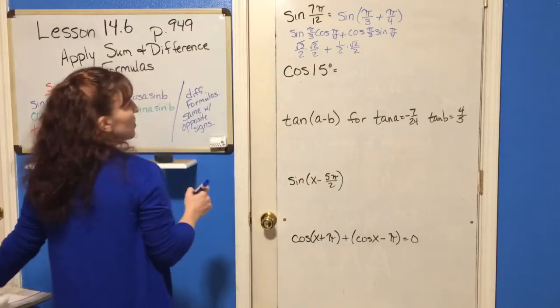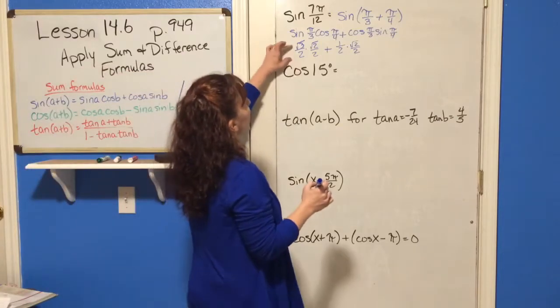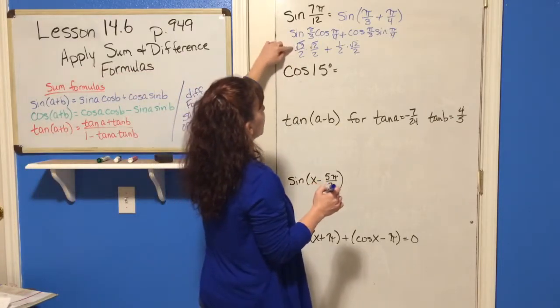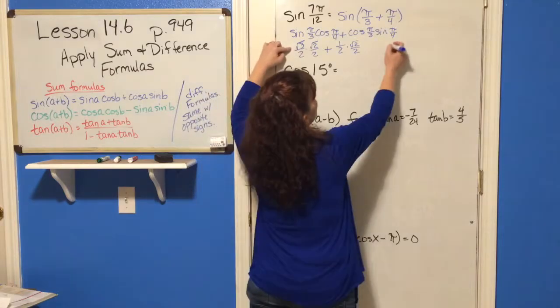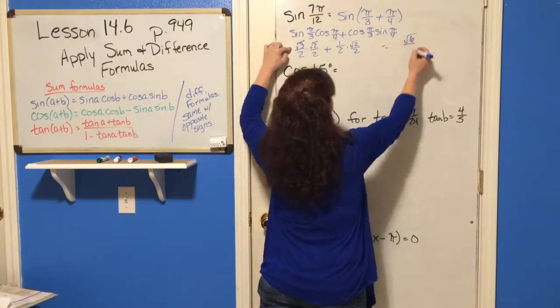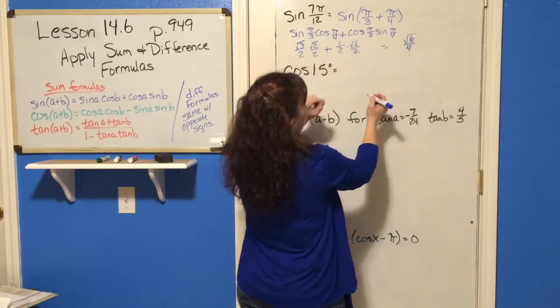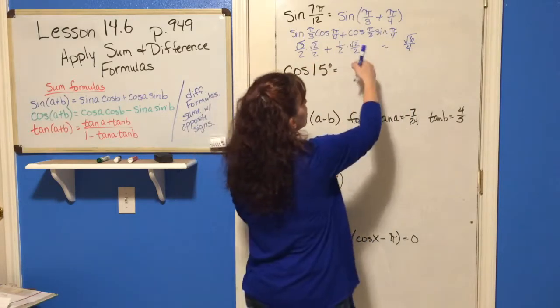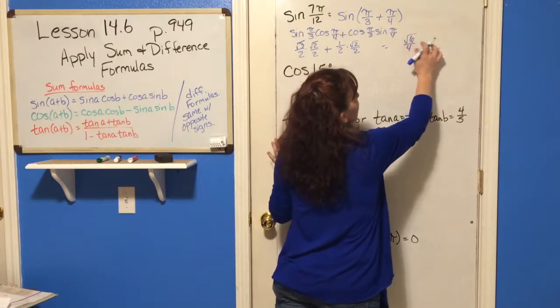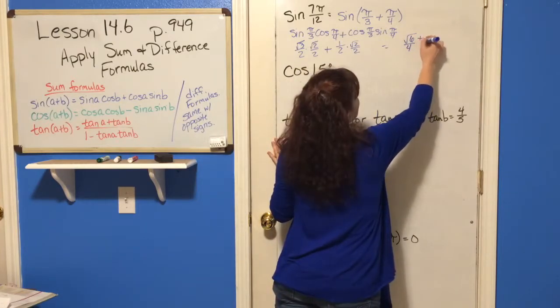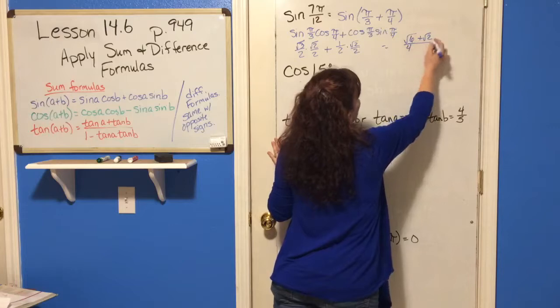When you multiply them out, nothing will cancel, so square root of 3 times square root of 2 is square root of 6, over 2 times 2 is 4. Plus, multiplying straight across, square root of 2 over 4. So I can just put the whole thing over 4: plus the square root of 2, all over 4.